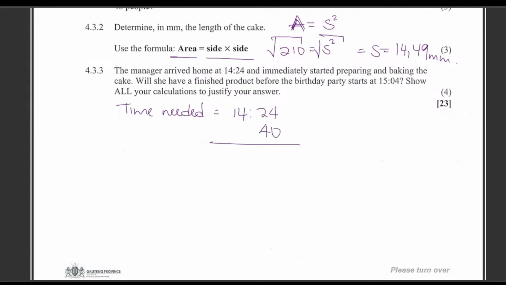When will the cake be ready? So this is 4, and here becomes 0, because it has turned into another hour. So how do we conclude? Show all your calculation to verify your answer.